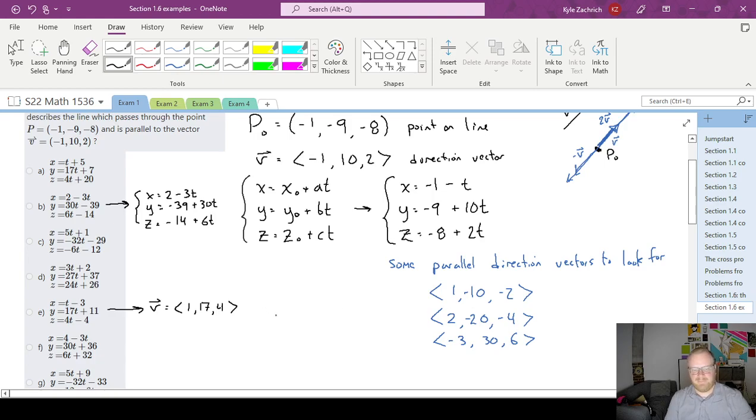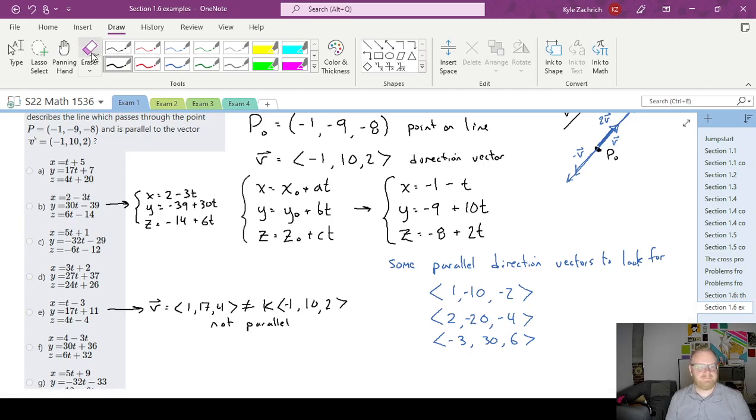So 1, 17, 4 is not parallel to negative 1, 10, 2, which is what we need, right? So not parallel. Okay, so let's maybe hunt around for these and see if we can find any.